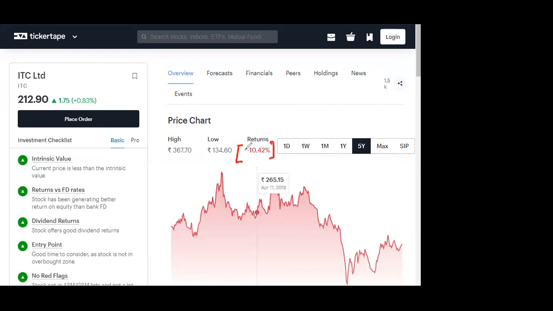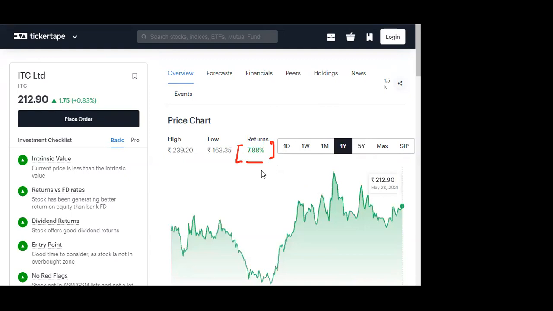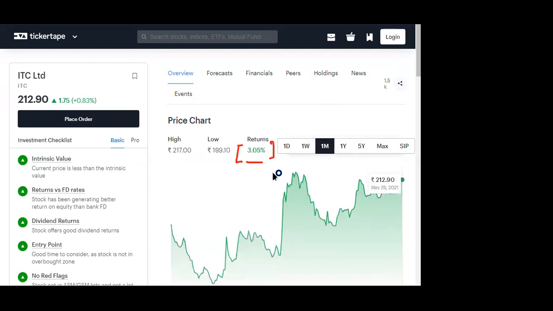Minus 10.42%. But if you see 1 year, it is profit. If you see 1 month, again it is profit. But if you see this period of time from here, May 4, 2021, what was the price?